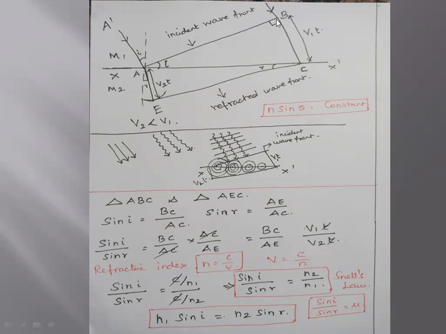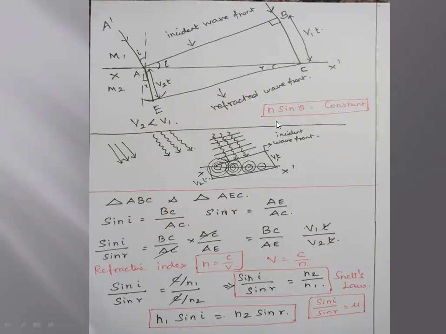Similarly, this distance is more and this distance is less. Why? Because the speed of light will decrease from the rarer medium to the denser medium, so it will be v2 into t, and this will be v1 into t. Two different velocities because of two different mediums. So this is the angle of incidence, this is the angle of refraction for the wavefronts.